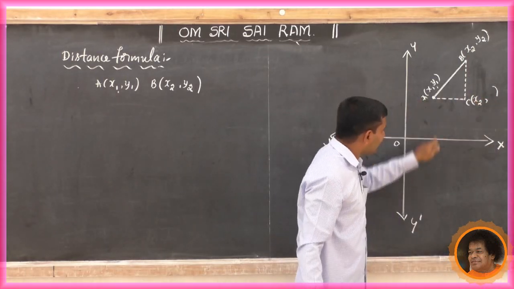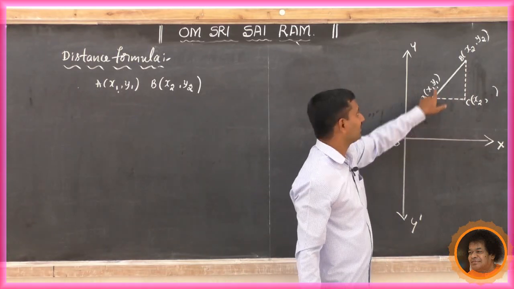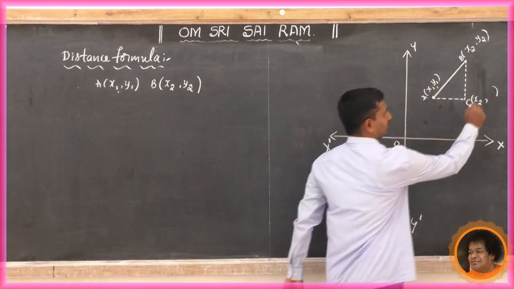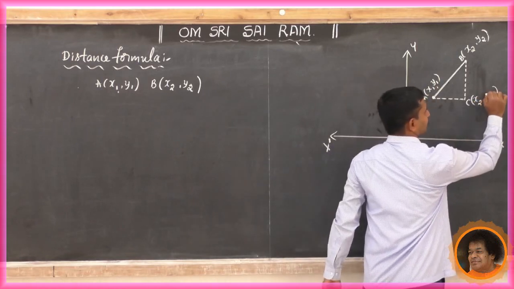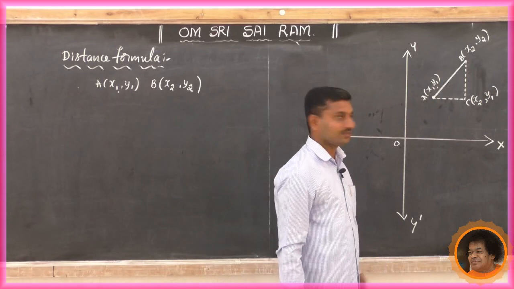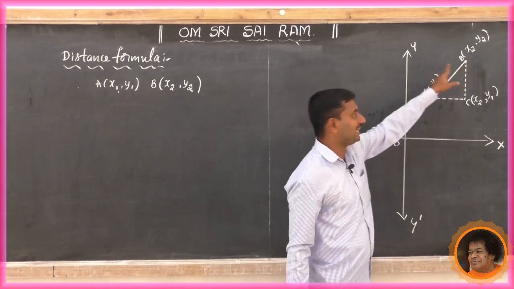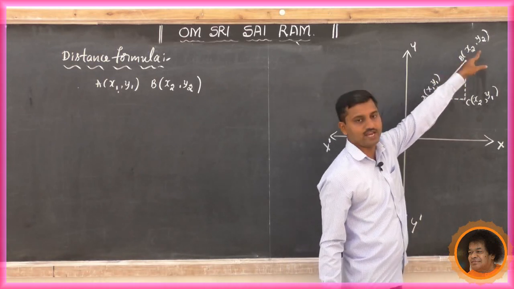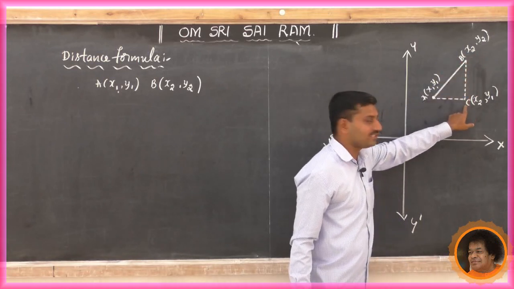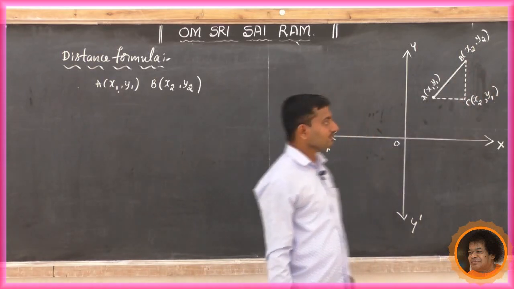The perpendicular distance from the x-axis is the y coordinate, so the y coordinate is y1. So the coordinates of the point C are x2, y1. I think it is clear: points A and B have coordinates x1, y1 and x2, y2, and point C has coordinates x2 and y1.